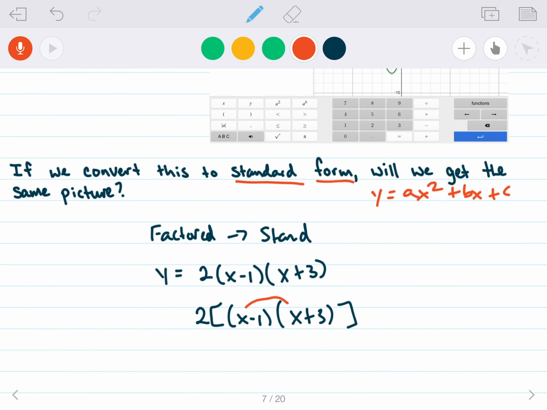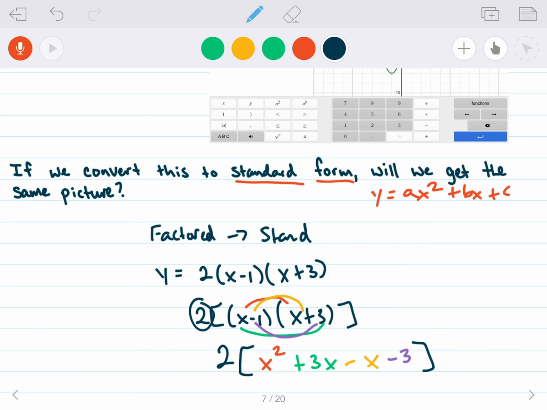So x times x gives us x squared. Outer, x times positive 3 gives a positive 3x. Inner, negative 1 times x is negative 1x. And last but not least, negative 1 times positive 3 is a negative 3. So we just FOILed inside the bracket. That 2 is still going to be on the outside.